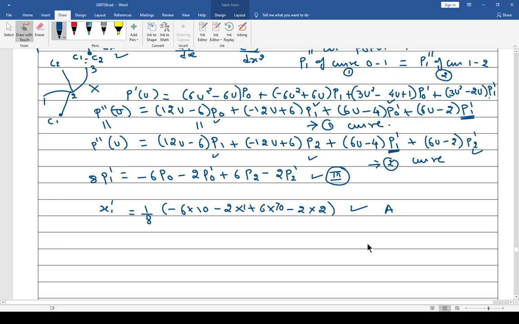Okay, then if you solve this, you get minus 183 by 4.